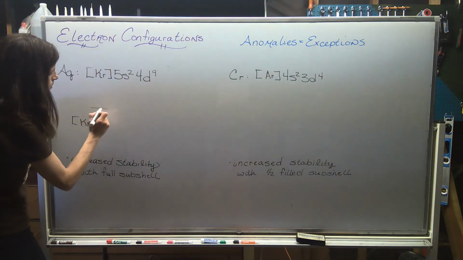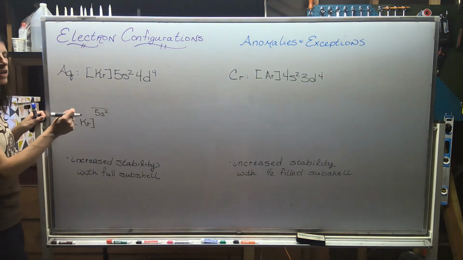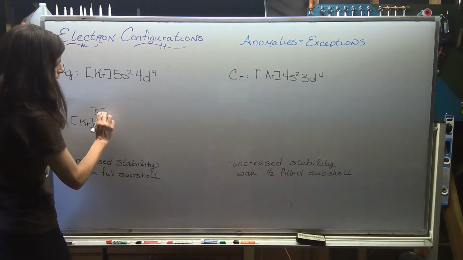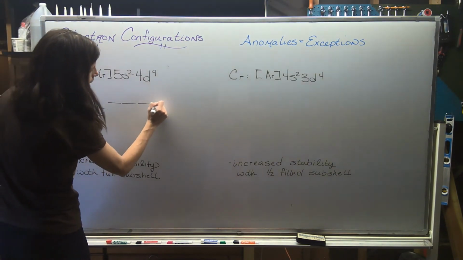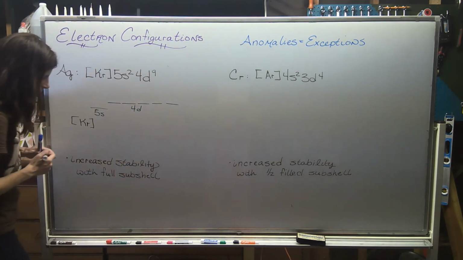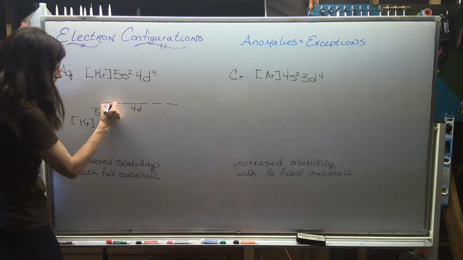And then we have 5s2. And if you take a look at your energy diagram, the energy difference between 5s and 4d is not that significant, right? So we have a very small energy difference.